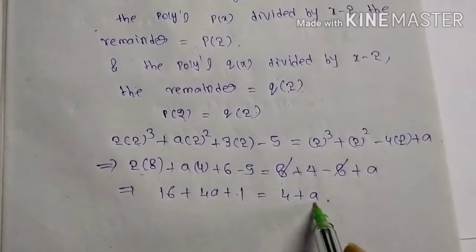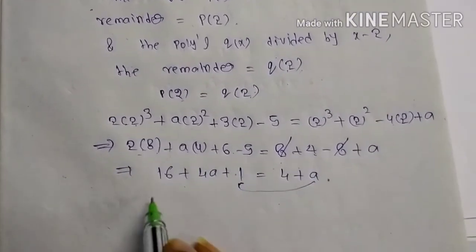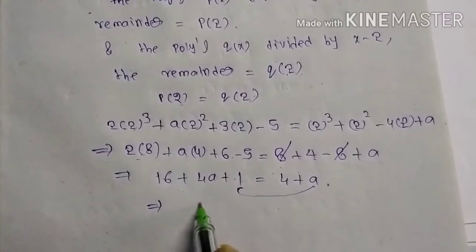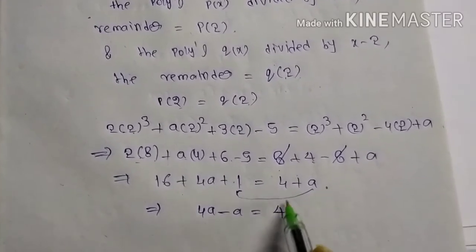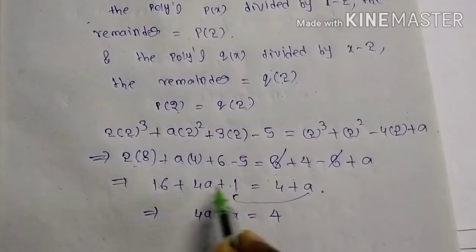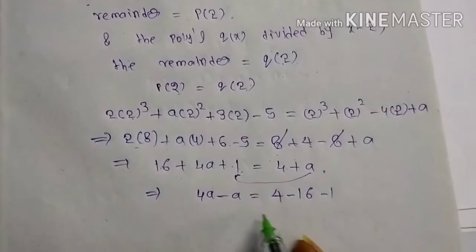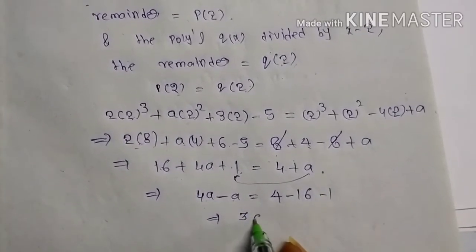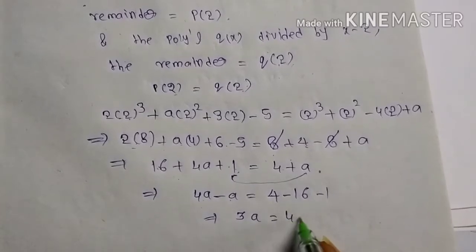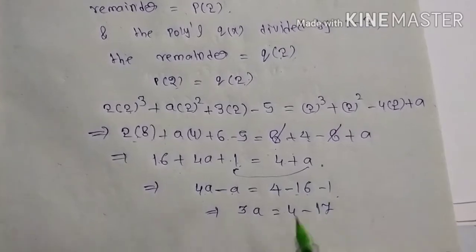Now you can see, transpose a to LHS. The remaining terms you can transpose to RHS. See here I am writing here 4a minus a is equal to, can I write here 4, this 16 and also 1. You can subtract outside, minus 16 minus 1. That means 4a minus a is how much? 4a minus a is 3a is equal to 4 minus 16 minus 1, you will get minus 17.